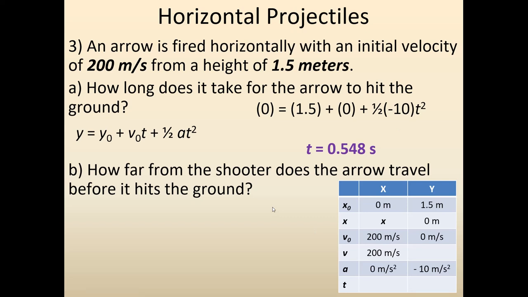All right. Now I can put this into my chart afterwards, and then the next question says how far does the arrow land? So that's a horizontal distance. Even though they don't explicitly say horizontal, I can figure that out based off of the wording. So I want to find the horizontal final position. Again, based off of the information I have, the only one that works out is the annoying x equation. This is actually one of the reasons why I call this the annoying x, because not only is it the longest equation, and the way that you see it on the reference table, there's tons of x's, but it's annoying because it's useful so much.